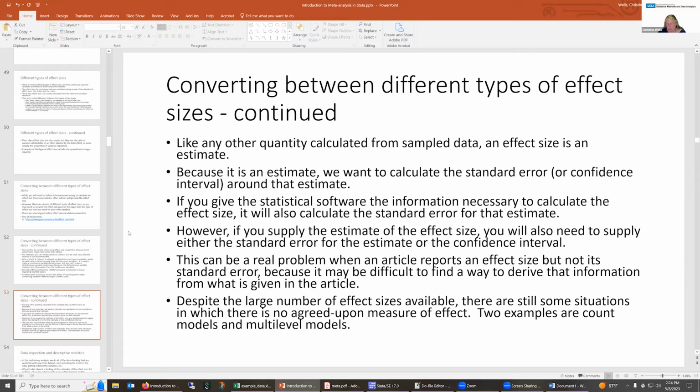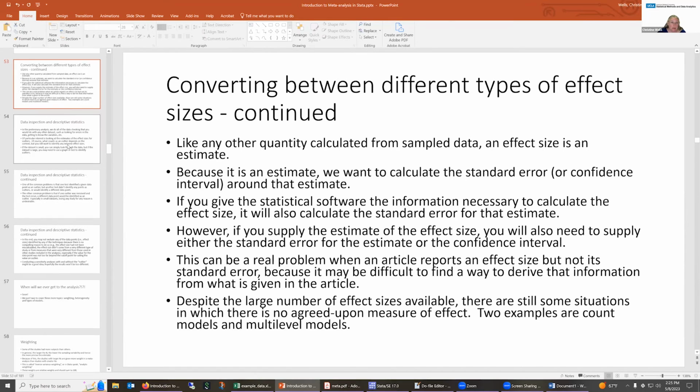Although if you've got a multi-level logistic, you're still in the metric of odds ratios, and that's an effect size, so you're good to go there. But like other areas of statistics, this is always evolving and getting better and better. Hopefully we'll have more effect sizes to play with sometime soon.